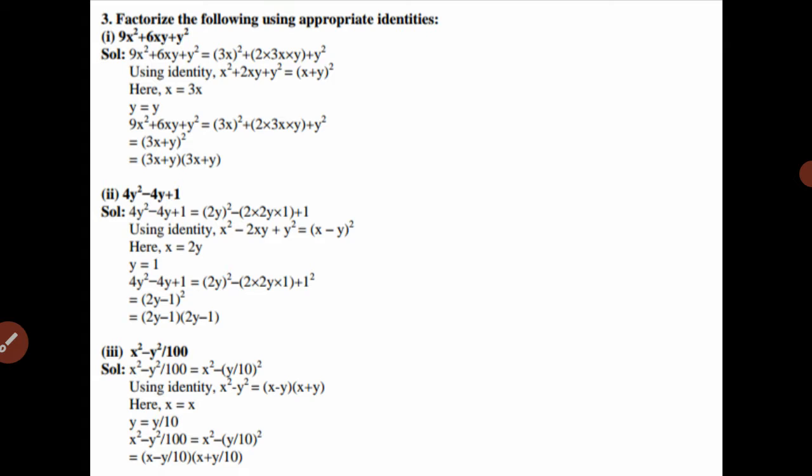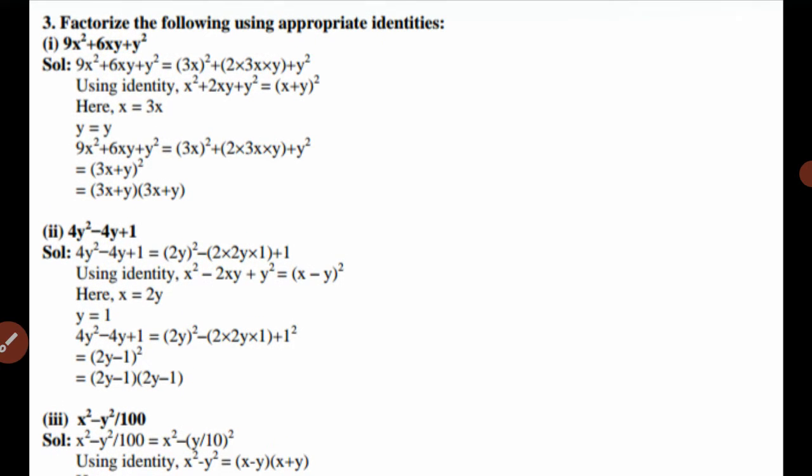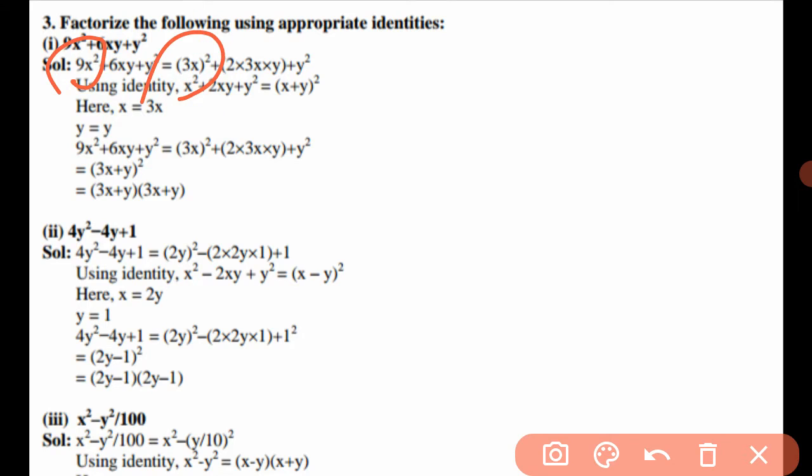So here we can write in place of 9x square, (3x) whole square, and 6xy can be written as 2 into 3x into y, and plus y square. So this will become an identity, that is (x plus y) whole square, where value of x is 3x and value of y is y. So in this, by using the same identity, it will be (3x plus y) whole square.